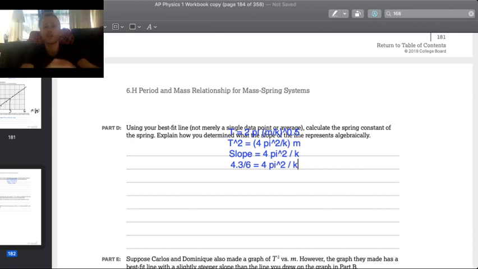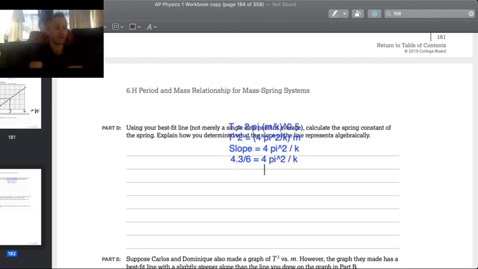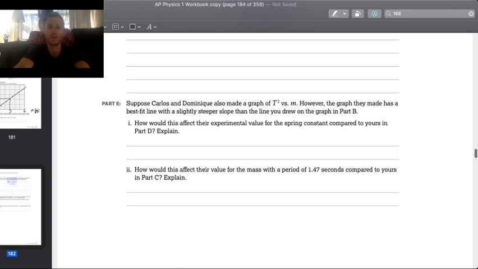Then I can solve for k. k equals 4 times pi squared times 6 over 4.3. That gives k equals 55 newtons per meter.